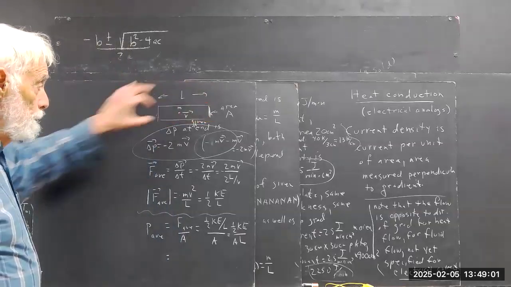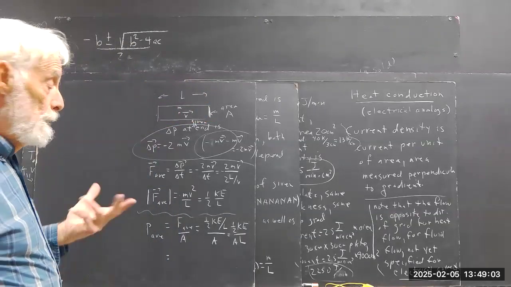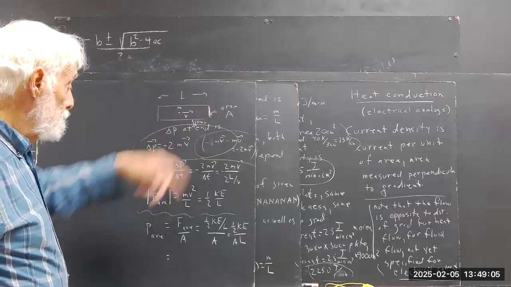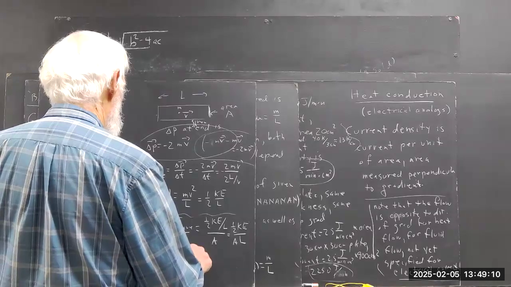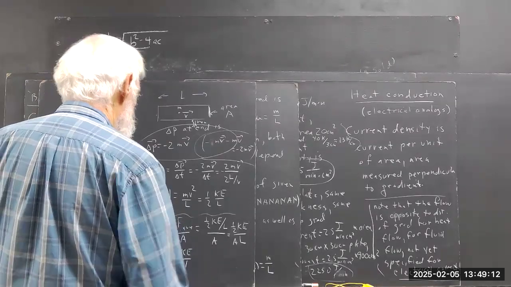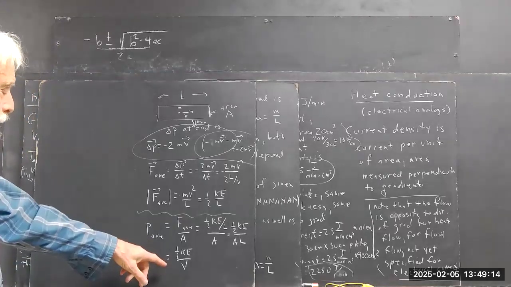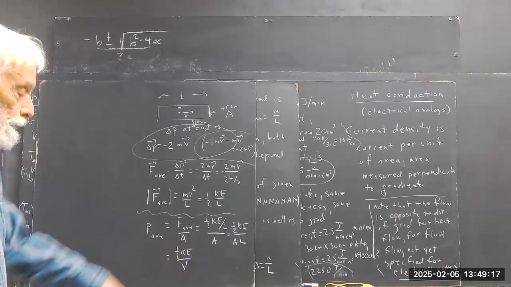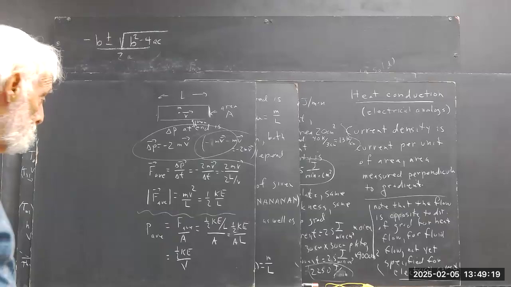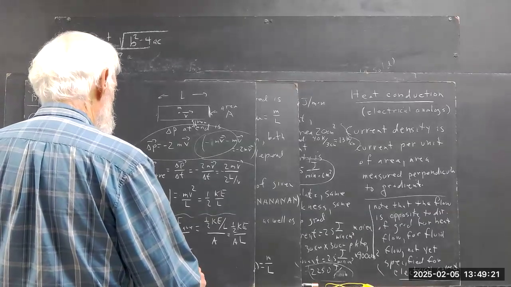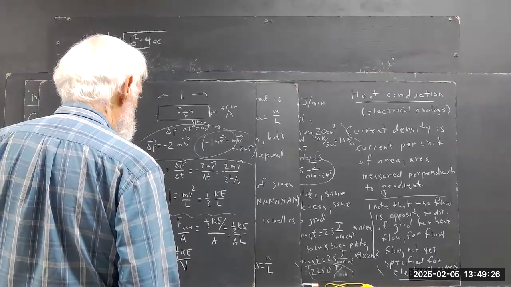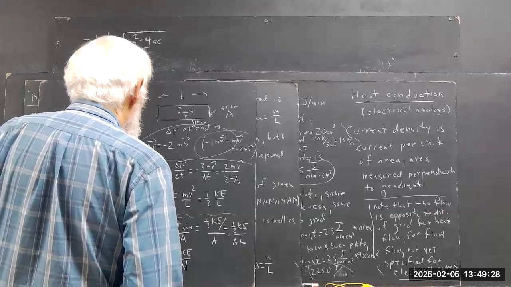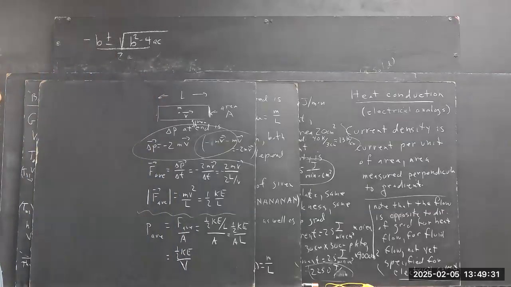Well, this is a uniform tube. So A times L is just the volume. So we got pressure, average pressure equals kinetic energy over V. We're getting close to PV equals nRT.